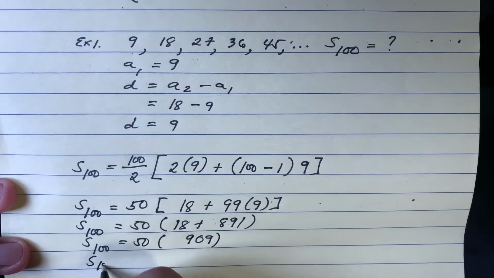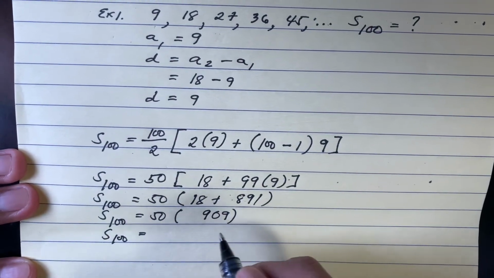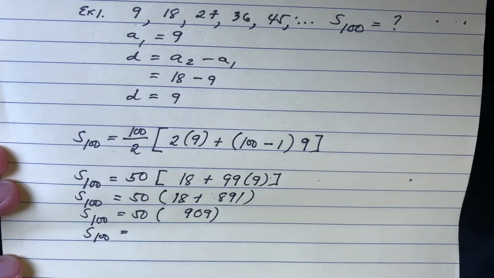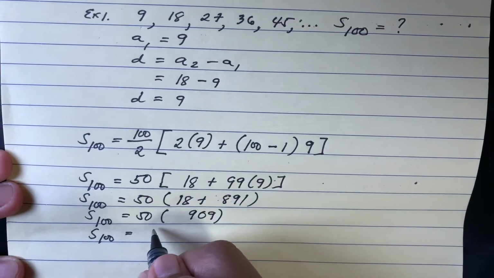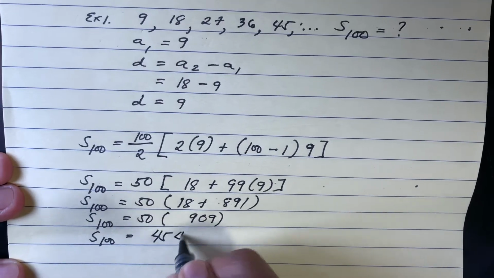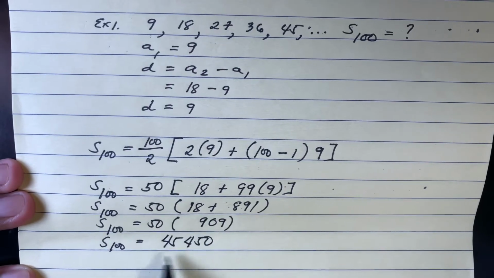Now, let us get the product of 50 and 909. The product would be 45,450. This is now the answer.